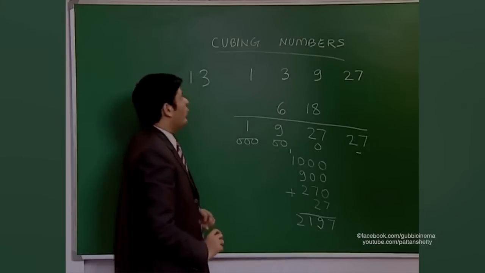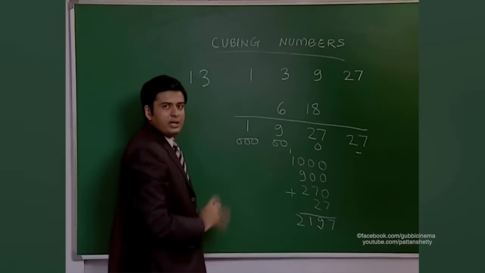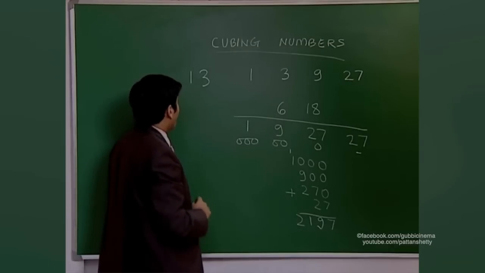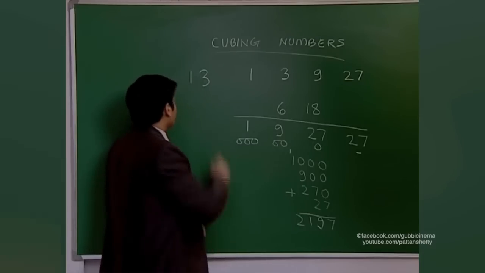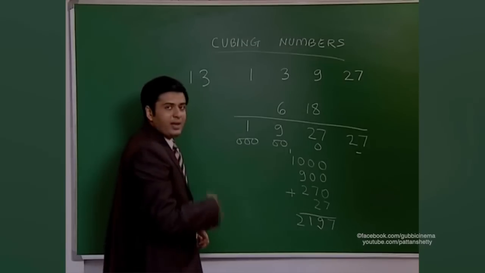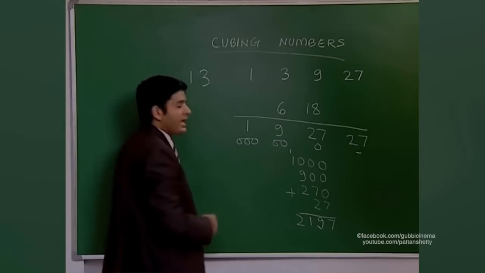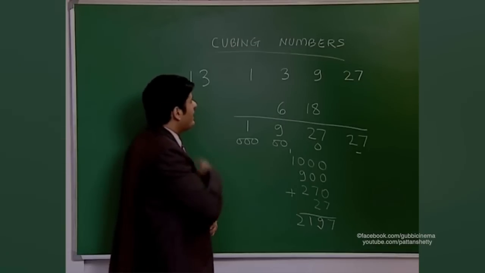Let me revise the whole technique for you. I want to find the cube of the number 13. Find out what is the ratio between these two numbers. What must I do to 1 to get 3? I know I have to multiply by 3. When I multiply 1 by 3, I get 3. So the ratio in this case is multiply by 3.